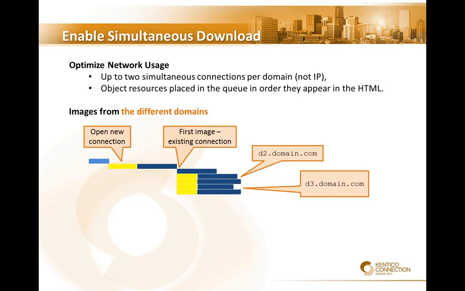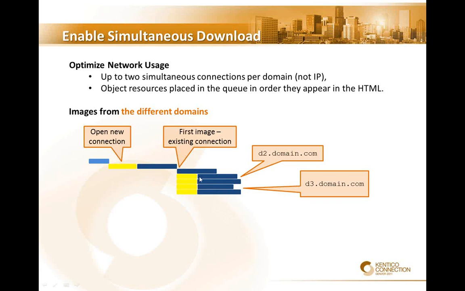What we can do is refer the images to different domains, even though those domains would point in the end to the same IP address. As long as the images are referred to 2 different domains, it would help us start downloading all images at the same time, as you can see.